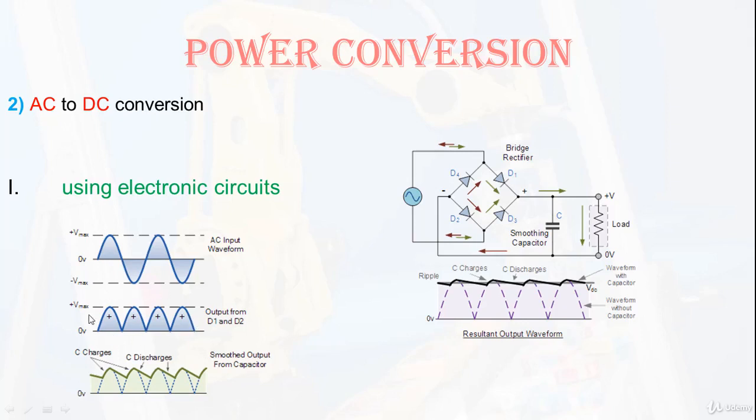After converting, all of our halves will be in the positive region, so we will have a smoothing capacitor. This capacitor will charge and discharge to give a smooth signal, to get a smooth DC level.